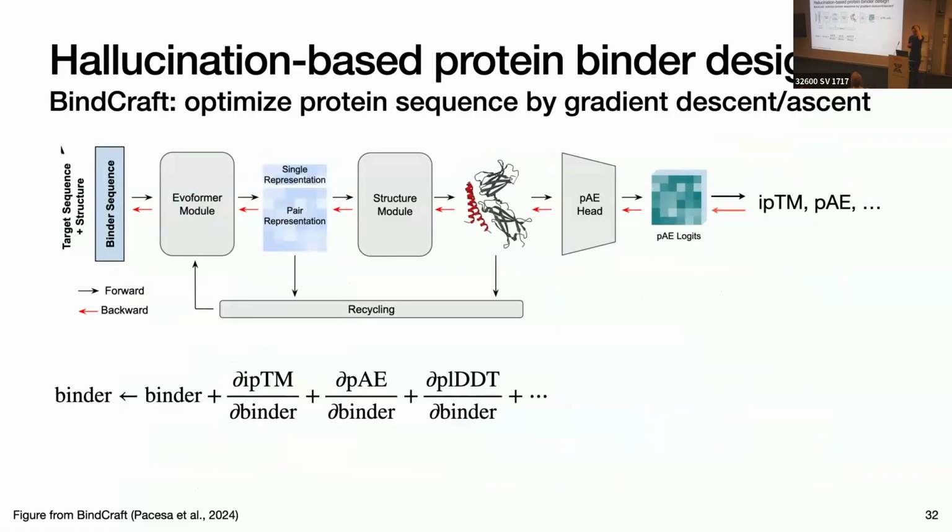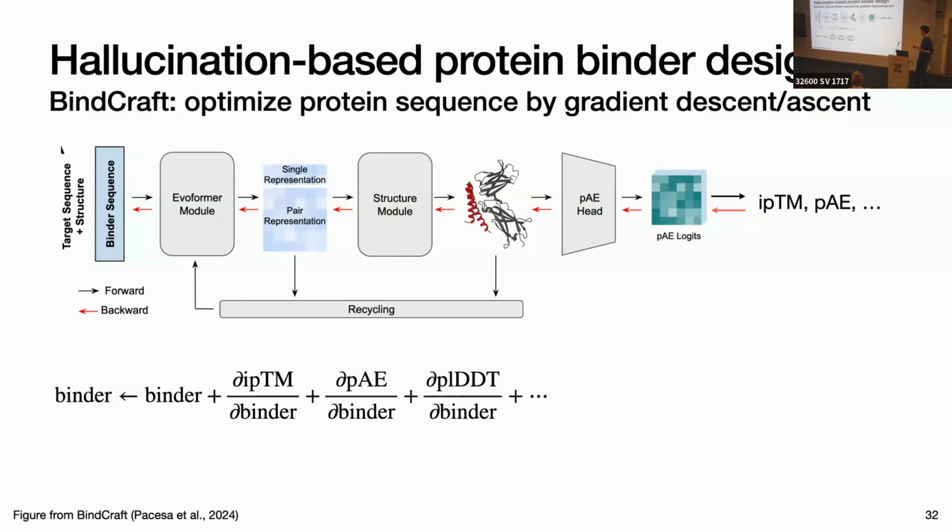That really intrigued me, and I wanted to study this system further and see how we can improve it. My take on binder design is, I wouldn't say orthogonal, but I want to focus on the problem of scoring, right? The basic idea behind BindCraft is that you have a set of in silico scores, which we'll talk about in a bit. These scores, like ipTM or PAE, give an in silico assessment of how likely your designed binder would bind to your target, right?